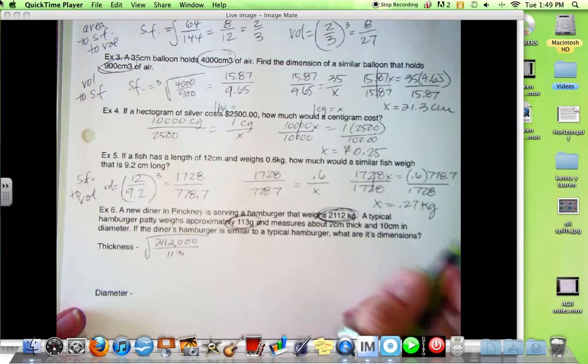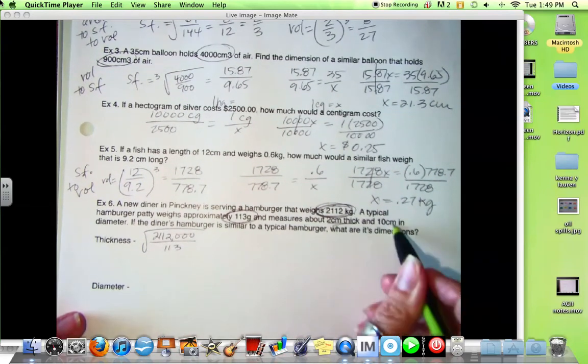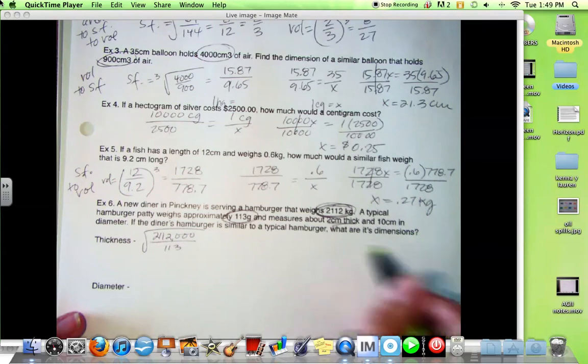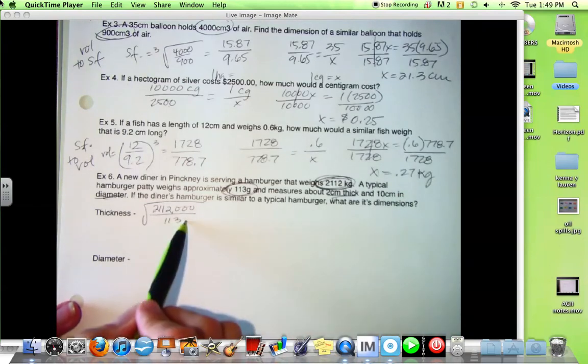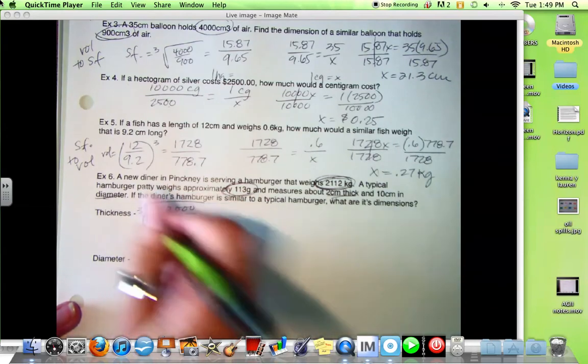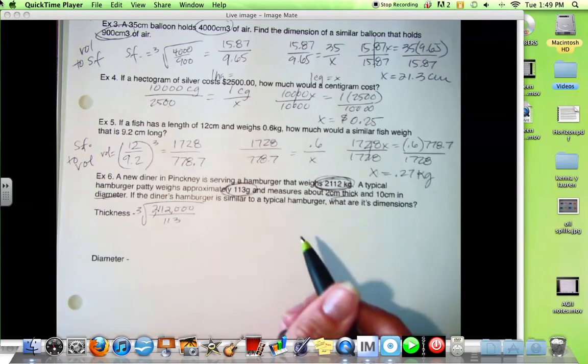Alright, so we're given a ratio of volumes. And we need to find thickness and diameter. So what do we need to do with this information? Cube root it to find the scale factor back. So cube root of 2,112,000.